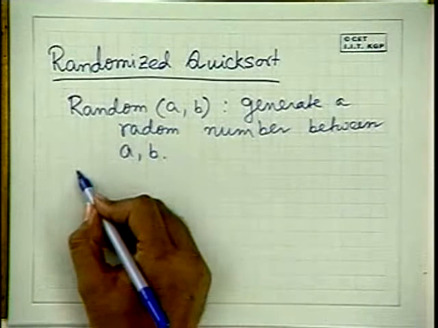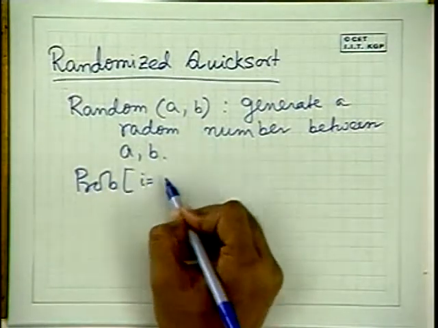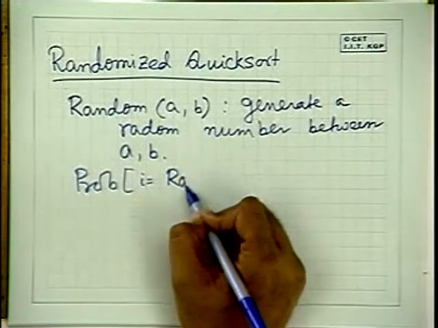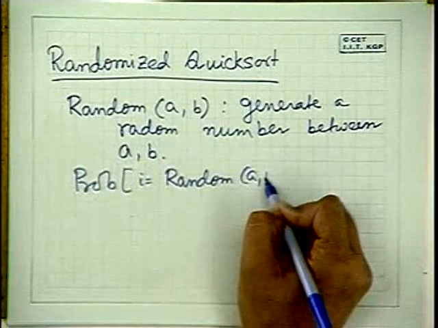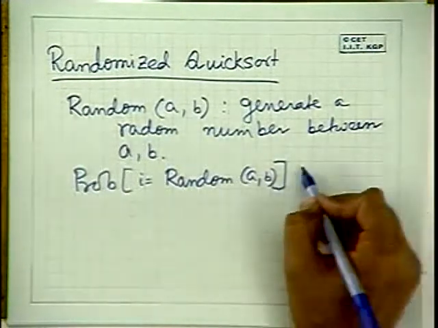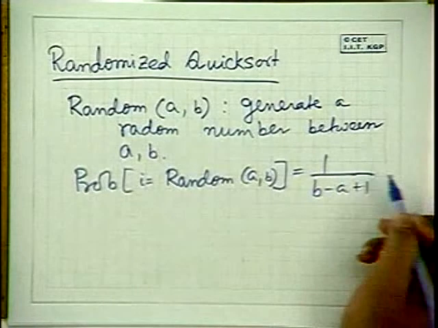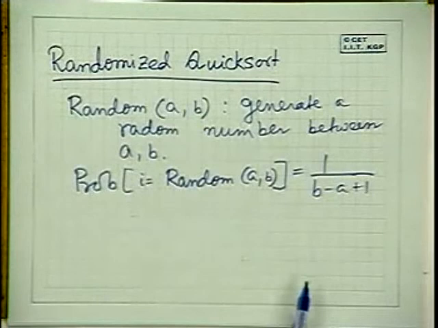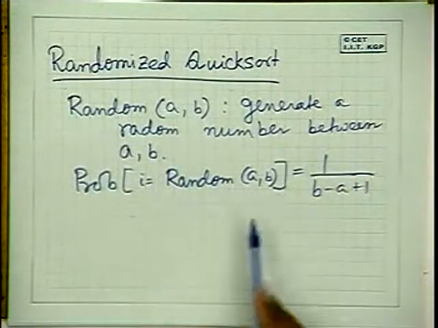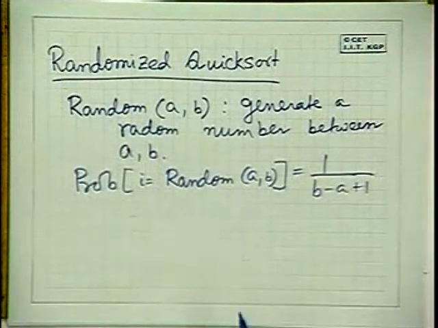Or otherwise we can say that the probability of i, when random(A, B) returns a number, is 1 over B minus A plus 1. All are equally likely, because between A and B exactly this many integers are there inclusive. So all are equally likely to happen.